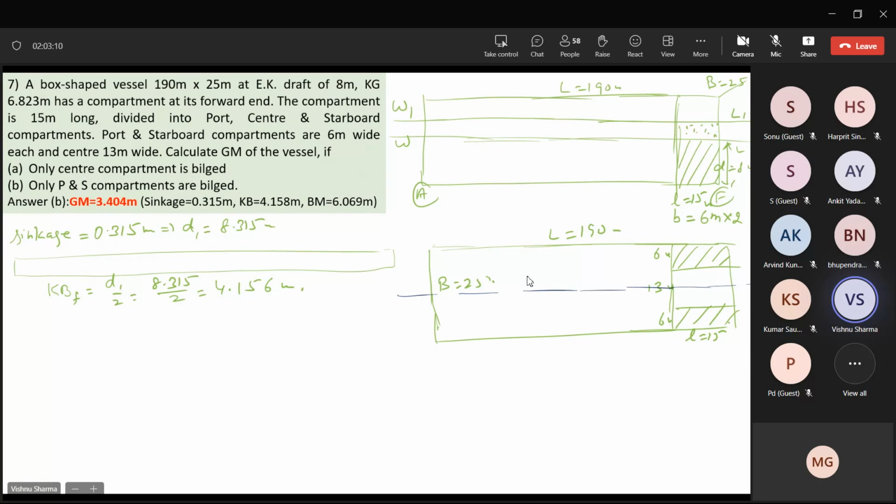Is it the geometric center of the intact water plane? Yes. Why? Because the intact water plane is symmetrical about the center line. So I'm sure you'll agree center of flotation will be somewhere on the center line. Do you agree or anybody has a doubt? Please let me know if there's a concern. Don't remain silent.